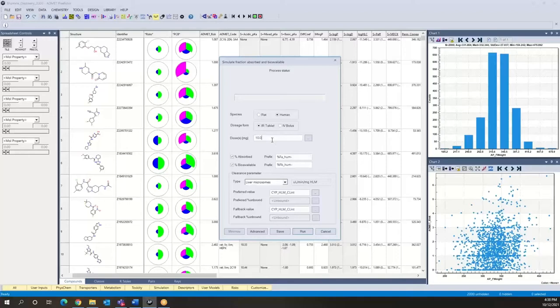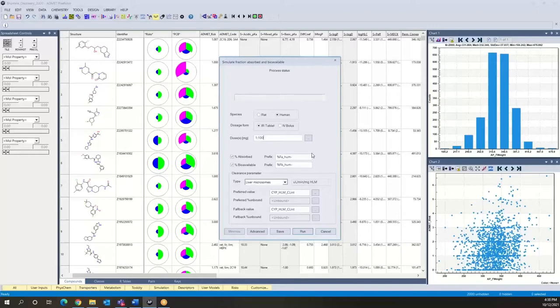Now for doses, it's a little bit different. By default, the software has a 10 milligram dose entered. Notice that you can, of course, change that, but you can also enter multiple doses. Should we desire to run multiple doses, which we're going to do, we're going to take 1 and 100 milligram doses. You can just enter these two numbers separated by a semicolon, no space.